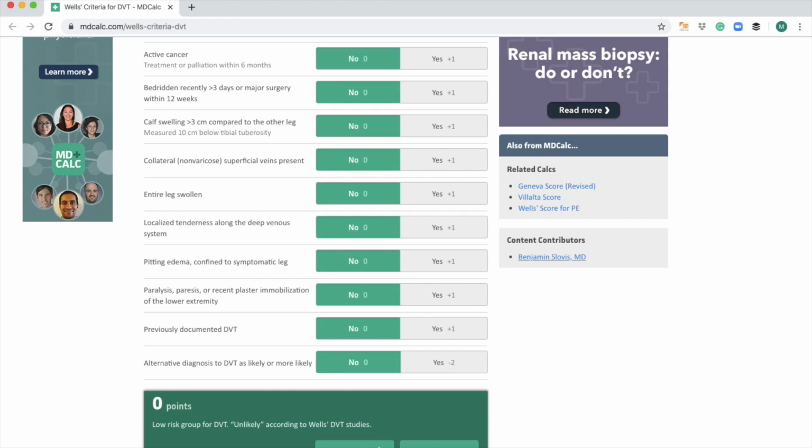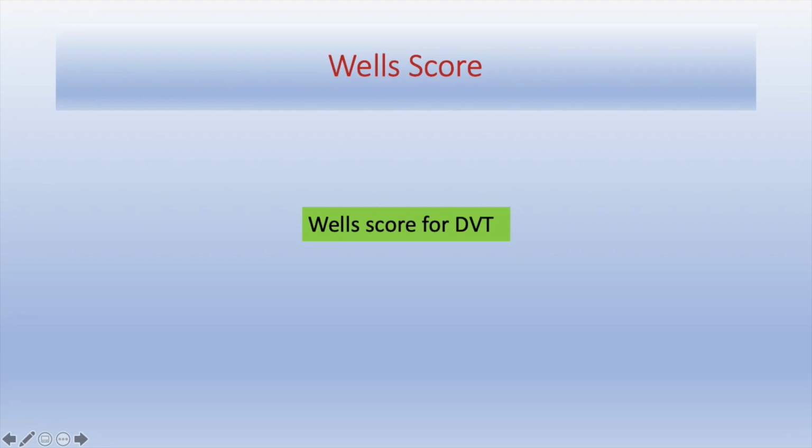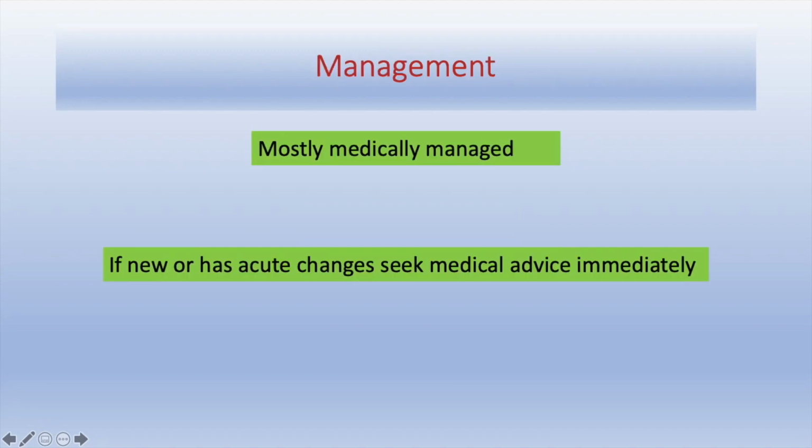If there is a likely alternative diagnosis to DVT, that scores -2. If you get a score of 2 or above, you escalate it to the doctors so that they can do the appropriate tests and manage the patient appropriately.